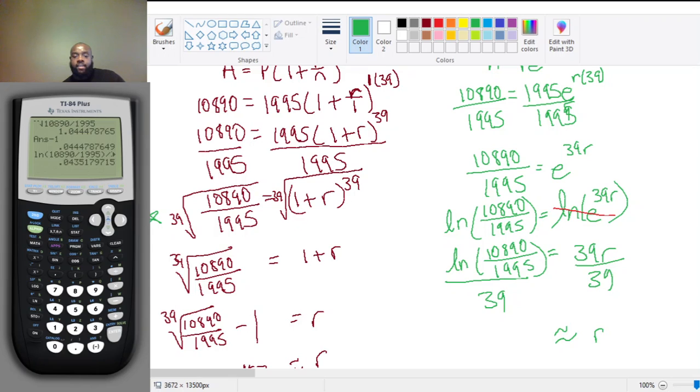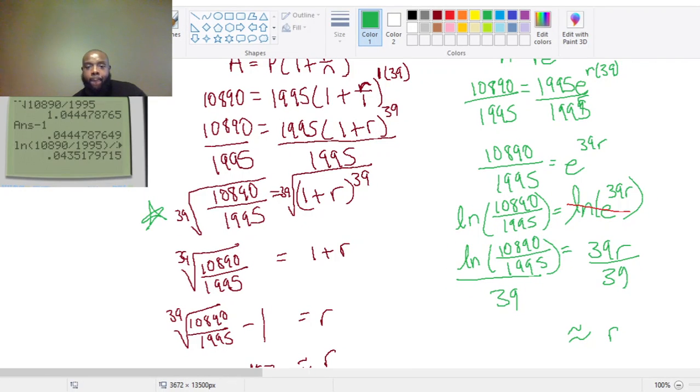All right, I'm putting this on my paper. And so if I round that to 2 decimal places, I get the percentage, and rounding to 1 decimal place, because it's the nearest tenth of a percent, that's going to be 4.4%.